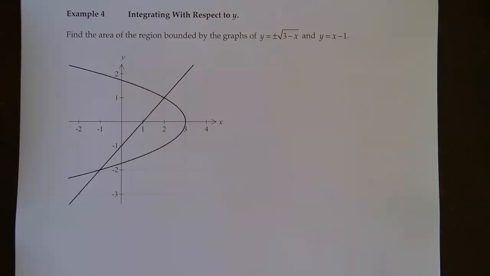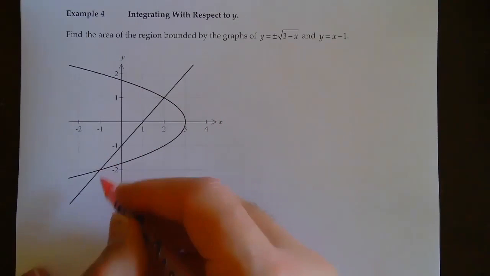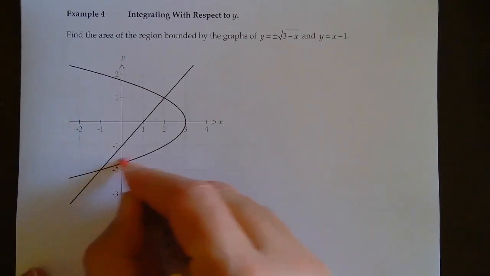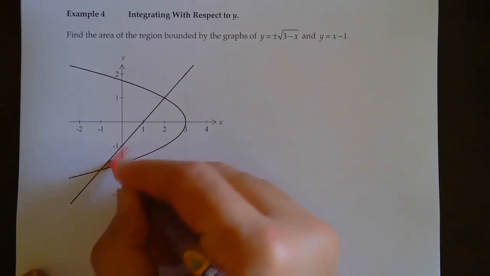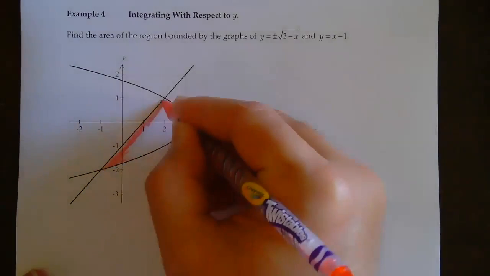Okay, guys, this is going to be the hardest one, I think. And I'm hoping that it'll start to make sense to you, okay? Because here's the thing. We want to find the area of the region bounded by these two curves, right? And it's this region right here, okay? So I'm going to shade this in.